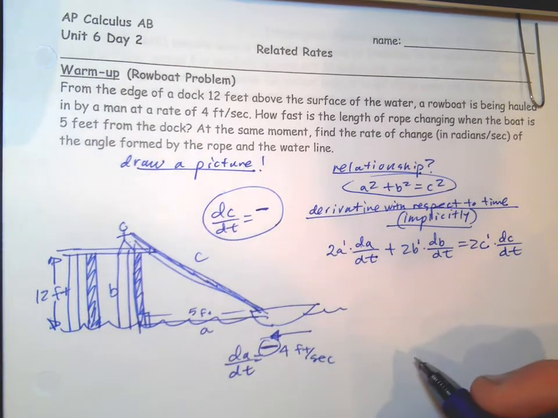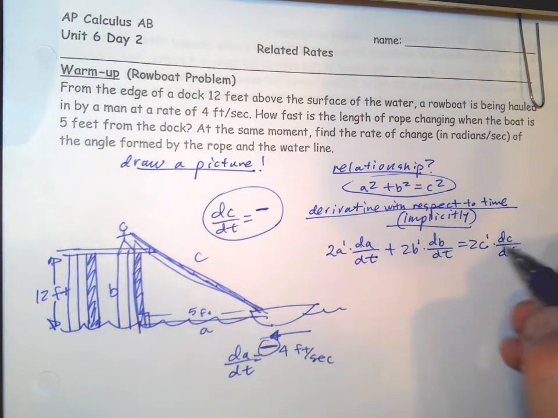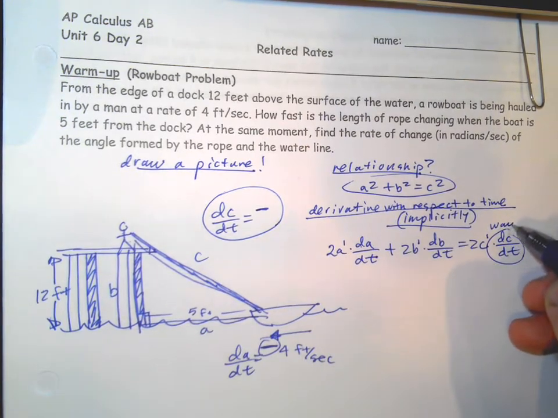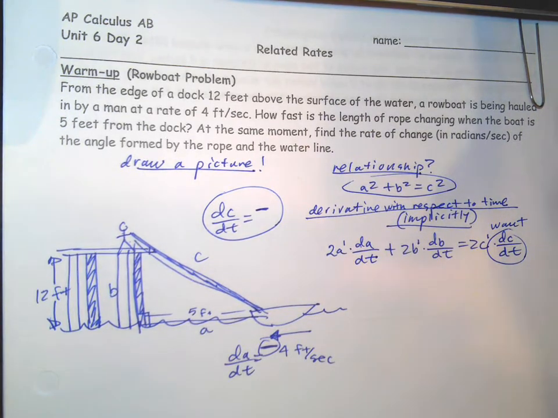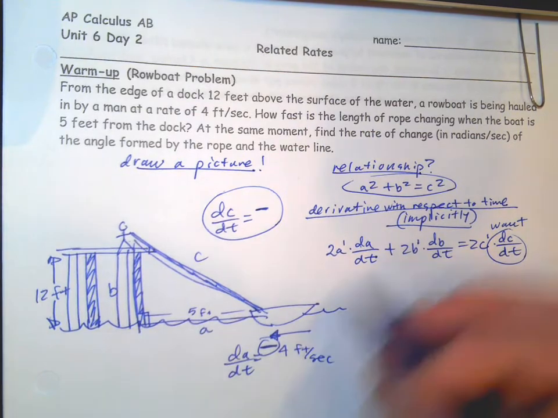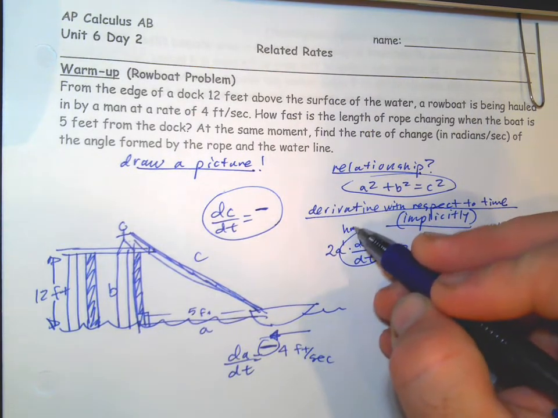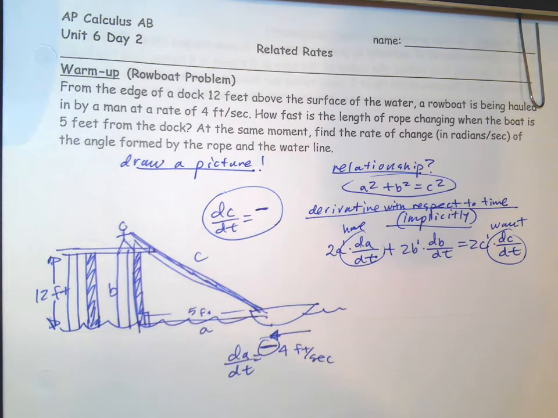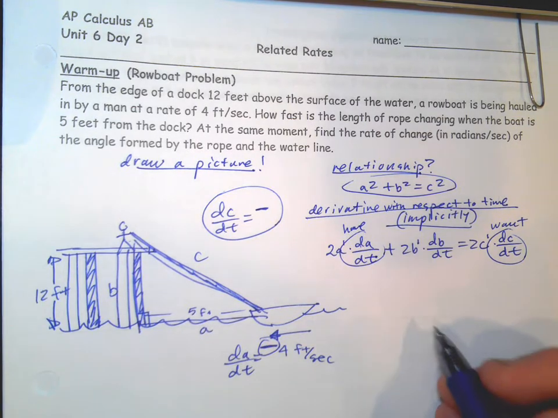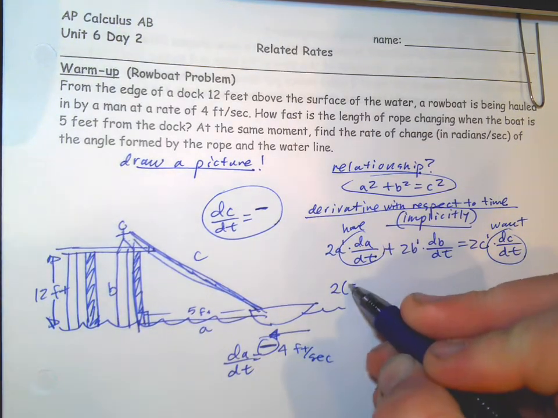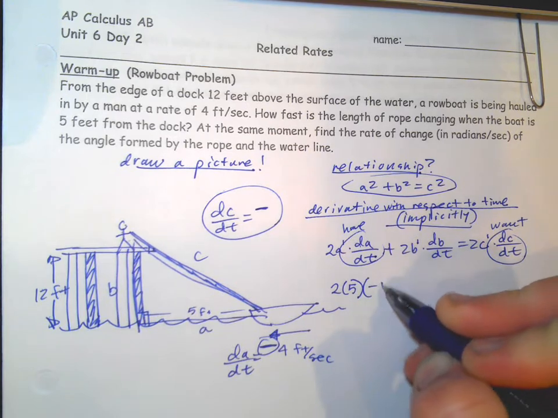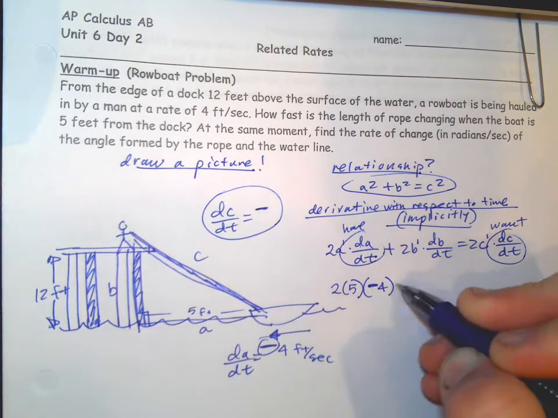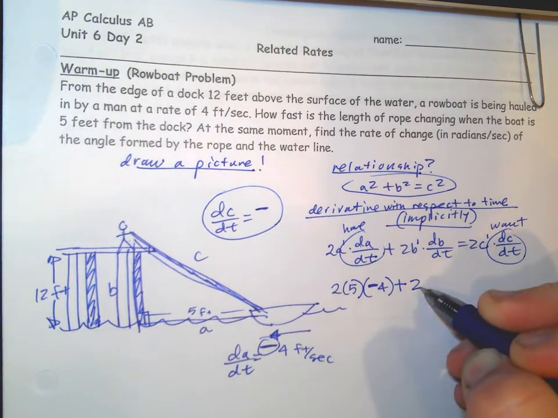So we've taken, now the thing you're looking for should show up here. If it doesn't, then you should be worried. The thing they gave you should show up. We have this. So we can start plugging things in. We have A is 5 and dA/dt is -4. Now, if you don't put that negative there, it's going to mess up your answer. B is 12.